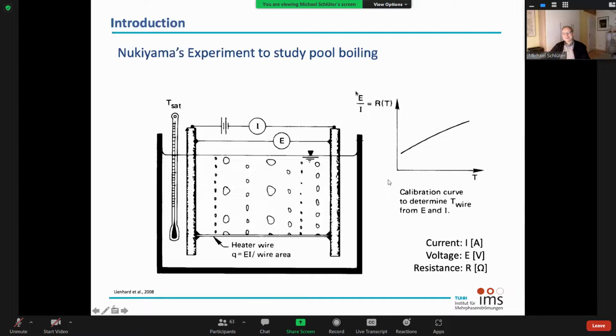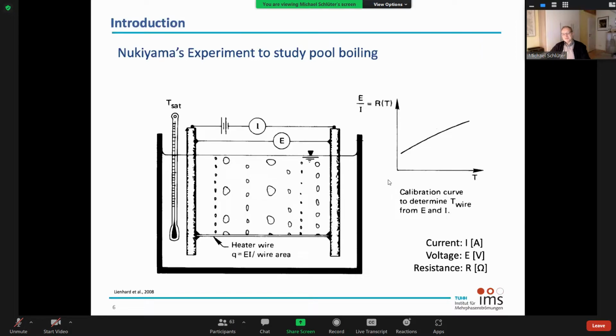This is the law, URI in German, yeah, you probably remember that. This is a law to calculate the resistance of the wire by dividing the potential by the current. And as you probably know as well, the resistance of a wire depends on the temperature. The higher the temperature, the higher the resistance of the wire.